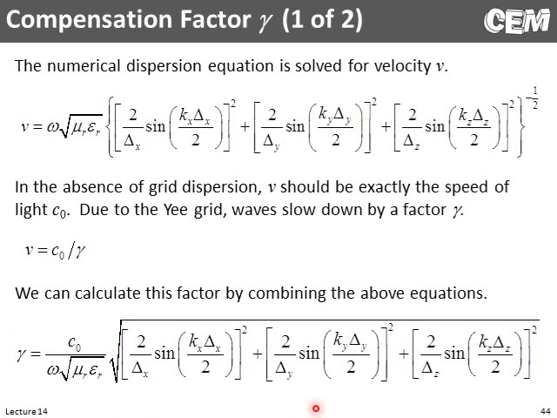So here we actually have an equation to calculate that constant, which is sort of like the refractive index of the medium, and we can figure out how much the wave is going to artificially slow down. We would like gamma to be 1, but it's going to be something like 1.01, and it's going to slow the wave down just a little bit. So what do we do about it?